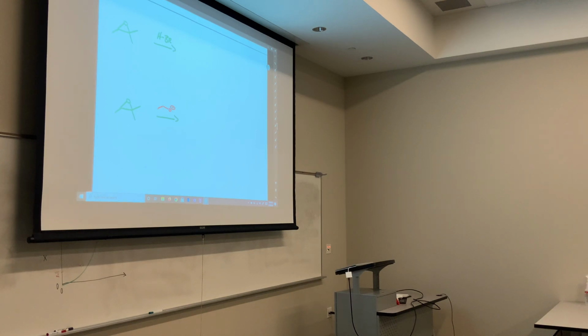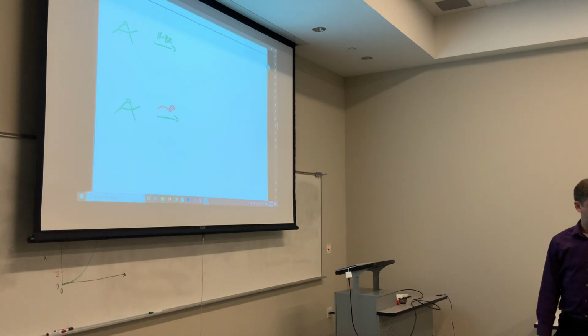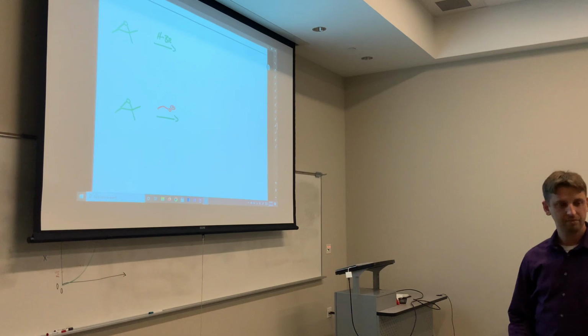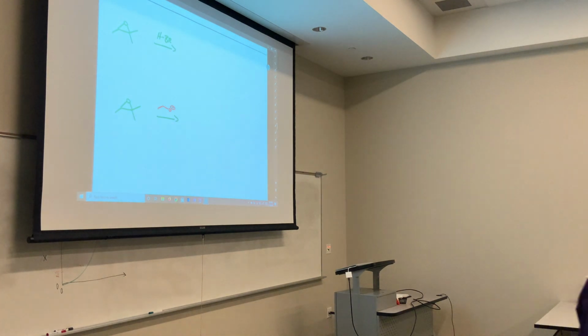Arrows pointing in opposite directions. Arrows always chase each other, head to tail, head to tail, head to tail. Be careful, right? What's this mechanism look like?